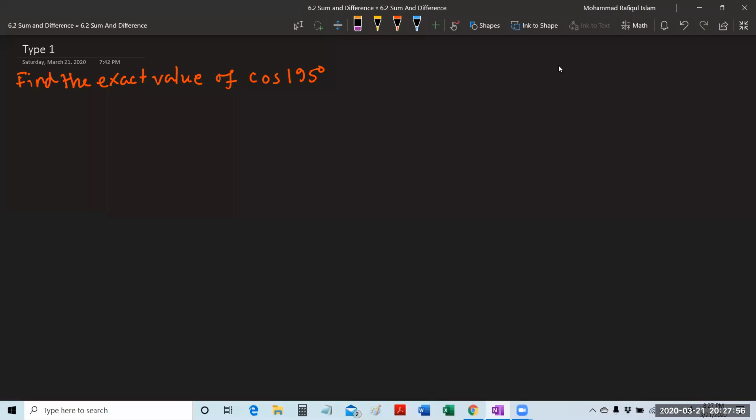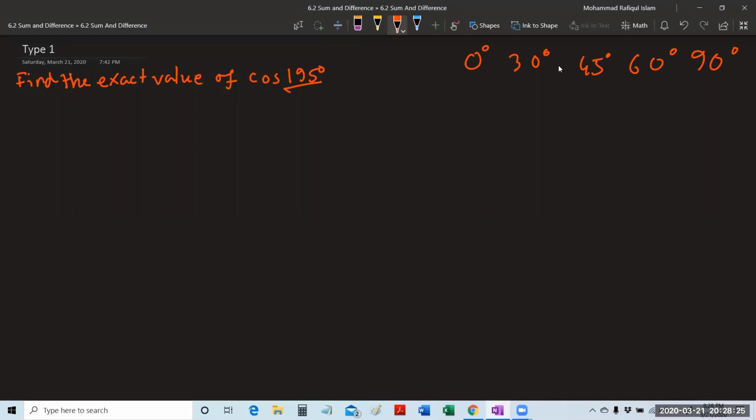Alright, so in this video we'll see how to find the exact value of cosine 195 degrees. The angle here is a big angle compared to the angles that we already know, like 0 degrees, 30 degrees, 45 degrees, 60 degrees, or 90 degrees.